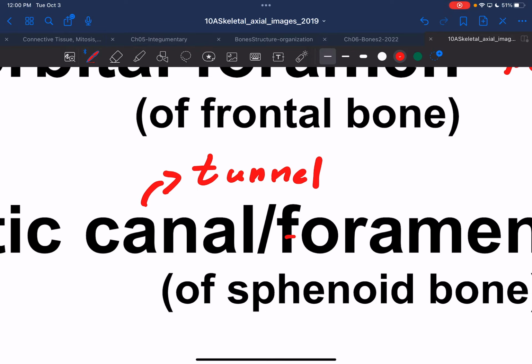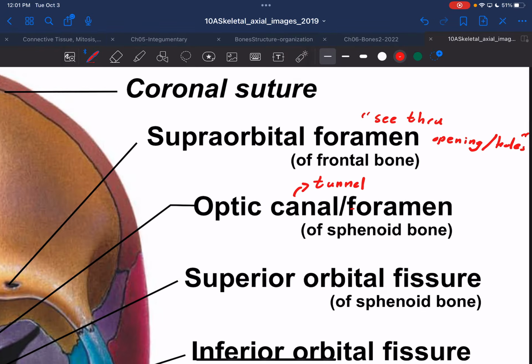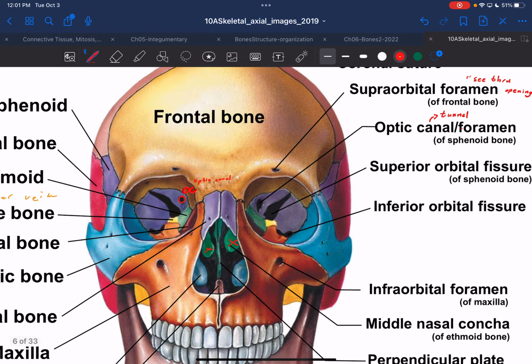So that would be a canal because it's a pathway, but it's not a direct see-through opening like the way that I'm looking through my fingers right now and I'm looking at all of you. Like this is a foramen. A canal would be something that goes like a tube that goes down and I can't see the other side because it has some bend in it. That's all the difference is. And so we'll see an example of it a little bit later.